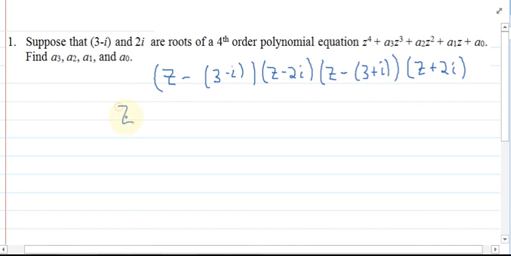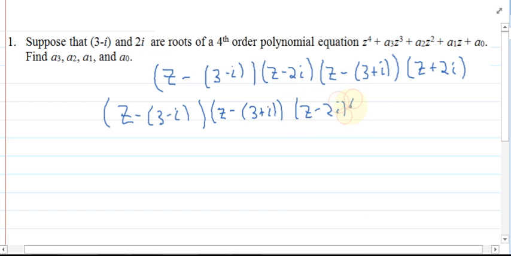I suggest you do it this way: z minus 3 minus i times z minus 3 plus i times z minus 2i times z plus 2i. Now, these two here are actually a difference of squares.